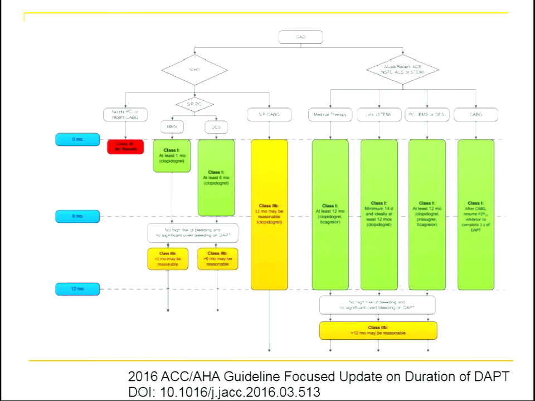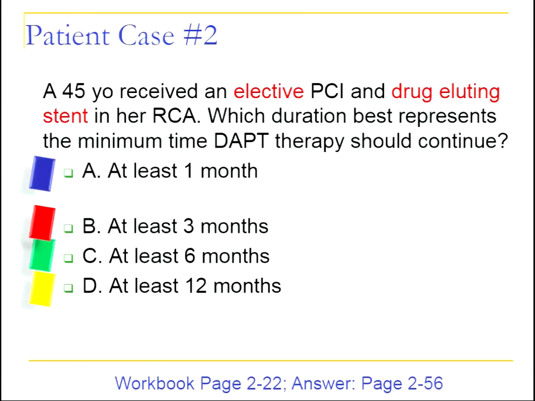And of course, they're giving the caveat here that you can choose to utilize dual antiplatelet therapy for longer. So when in doubt, choose 12 months, but the latest guidelines are suggesting that we can get away in stable patients with a lesser period of time.